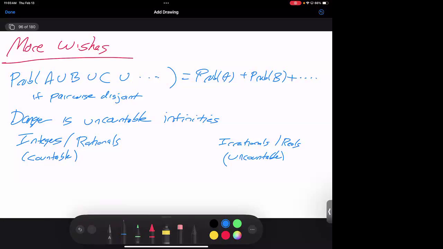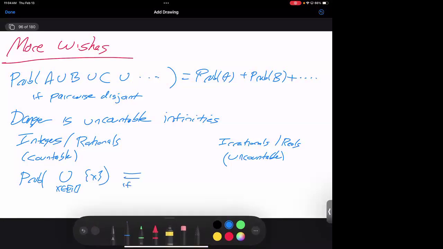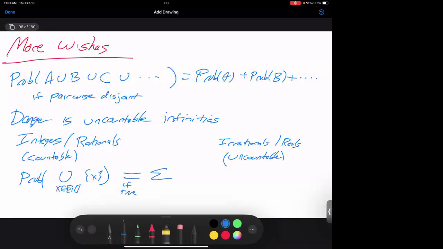And the problem is, if I look at the probability of the union over all x in [0,1] of the set containing just x, if that were true, then that would be the sum over all x in [0,1] of the probability of x. If that number is 0, then you get 0. If it's not 0, you would get infinity.